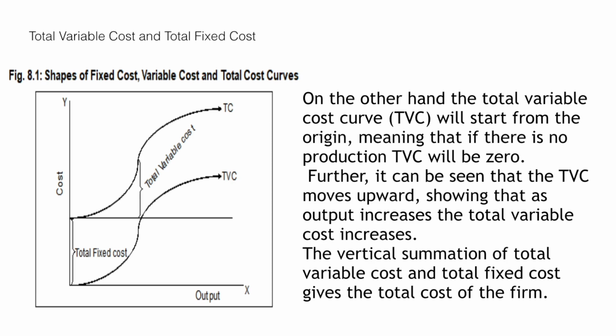On the other hand, the total variable cost curve, TVC, will start from the origin, meaning that if there is no production, TVC will be 0. Further, it can be seen that the TVC moves upward, showing that as output increases, the total variable cost also increases. The vertical summation of total variable cost and total fixed cost gives the total cost of the firm.